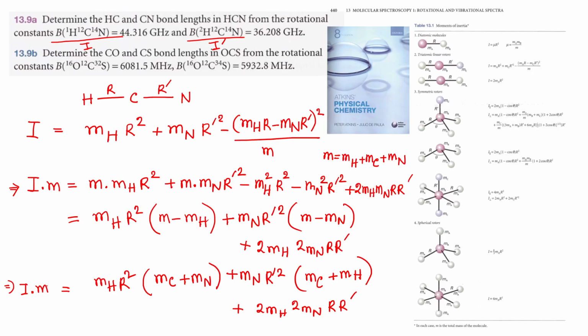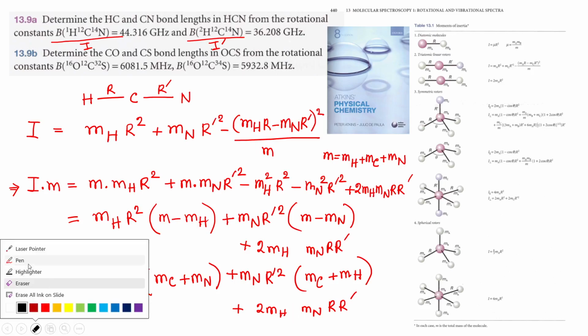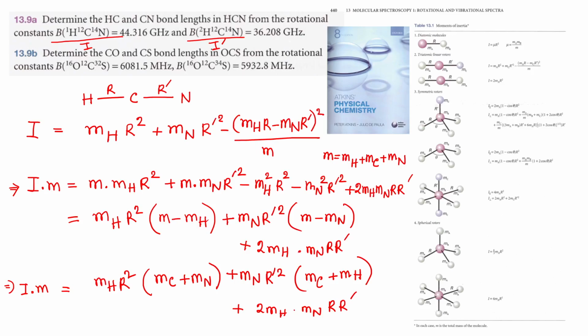Up to this part, there is no doubt. Sir, I have a doubt. This M_H square into two, whether there will be two or only two is there? Oh, sorry, you're correct. So there is no square. It should be like this. Thank you very much for the correction. Is it correct right now? Yes.